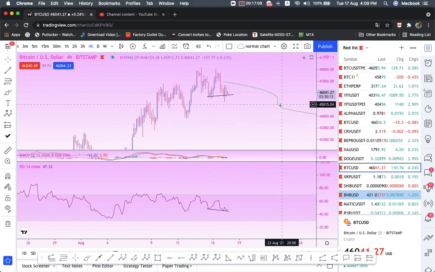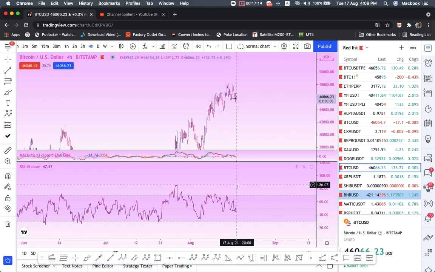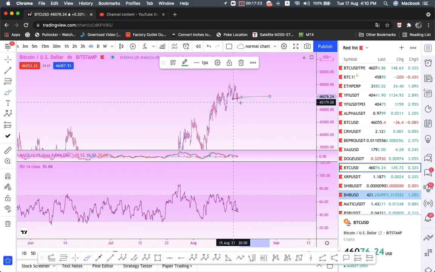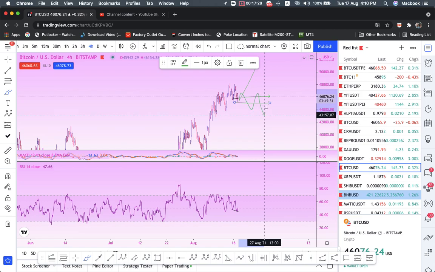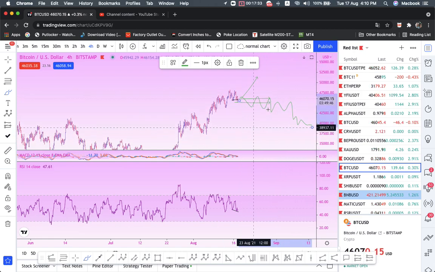Okay, but as I said, looking at the larger time frame, I believe it could do much better. But who knows? If anyone wants to take the trade, they could take the trade right now here, with the stop loss just down below here and to the upside. But I'm expecting some kind of shenanigans here, like a choppy move before an up move.